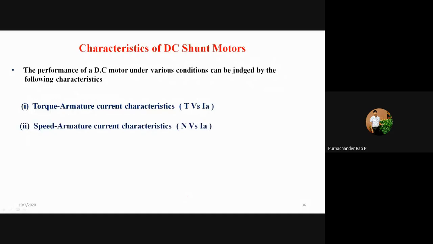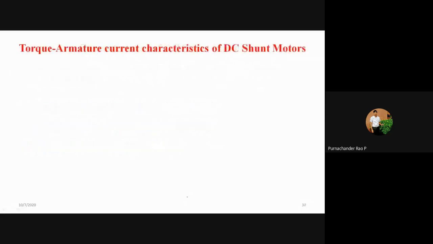And the last one is the speed versus torque characteristics. So for any machine, that may be shunt motor, series motor or compound motor, the performance of these DC motors will be studied with the help of these three performance characteristics. We'll discuss all these characteristics for all the machines one by one.